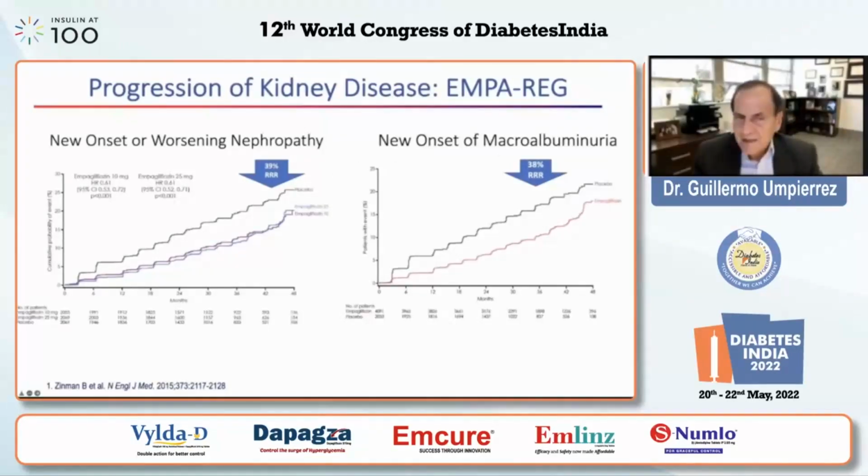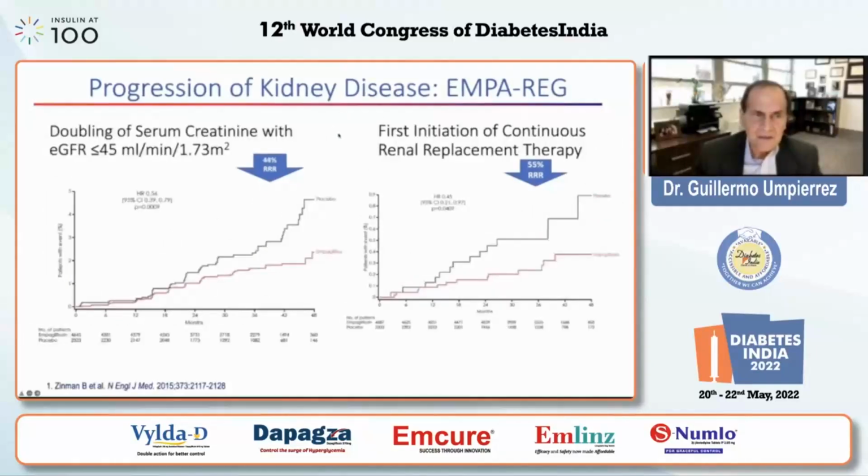And this was on top of ACE inhibitors. So you add these agents on top of ACE inhibitors, and you decrease the doubling of serum creatinine or the first initiation of renal replacement or dialysis by 40 to 50%.